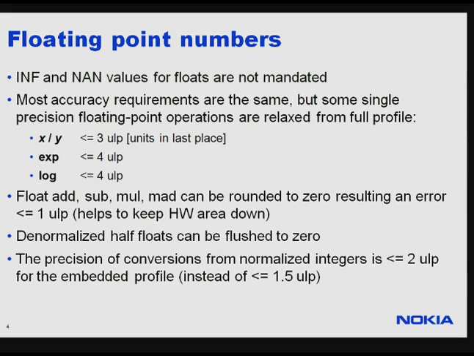For example, division can be a little bit more inaccurate than for the full profile, and exponential and logarithm operations as well. Also, float addition, subtraction, multiplication, and MAD can be rounded down to 0 if they are very small, and denormalized half floats can be flushed to 0.